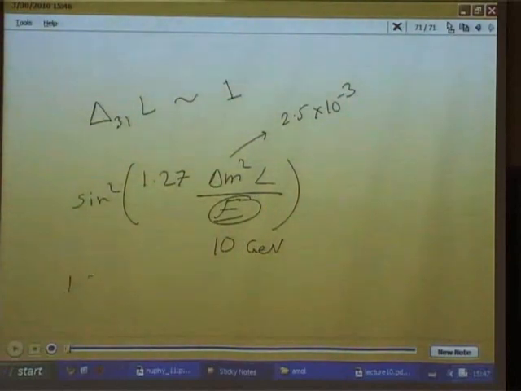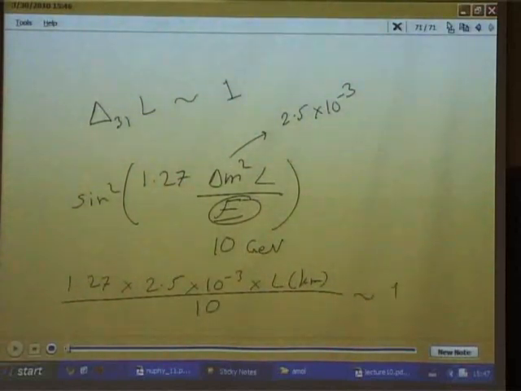So 1.27 times 2.5 times 10 power minus 3 times L in kilometers divided by 10 should be of the order of 1. So this tells you that L should be a few times 1000 kilometers. Actually, this L comes out to be some 3000 to 4000 kilometers. So a few times 1000.